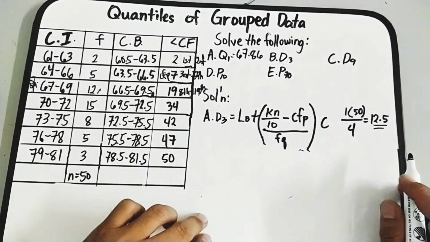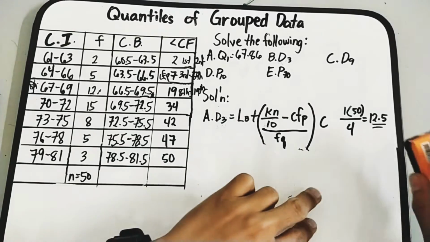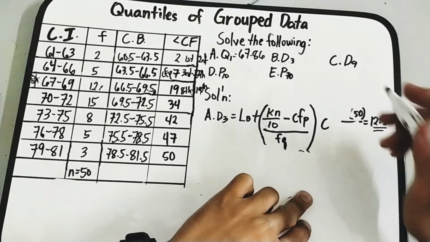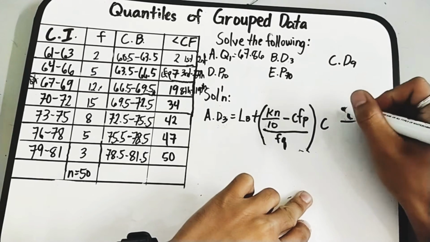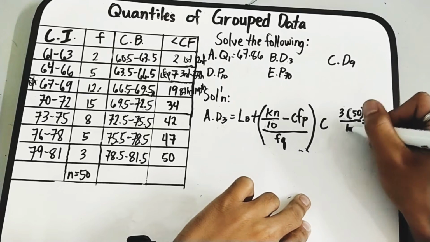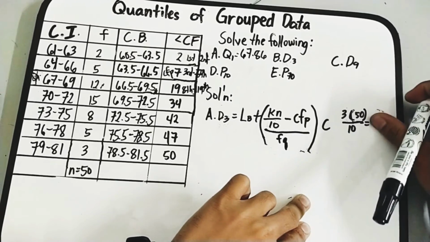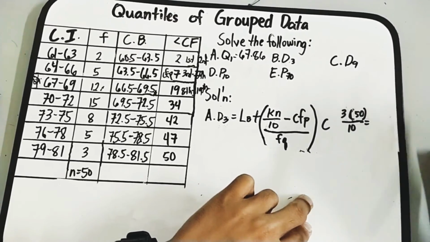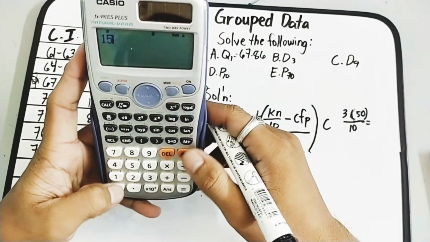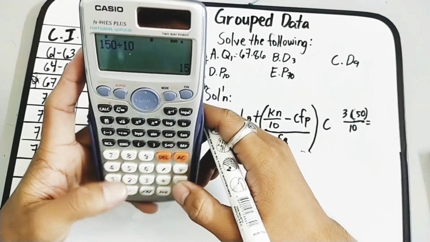So, in our decile 3, again, ang unang hahanapin ay yung value nung inyong kn, which is 3 times 50 all over 10. So, we have 150. Divide it by 10. You have 15.